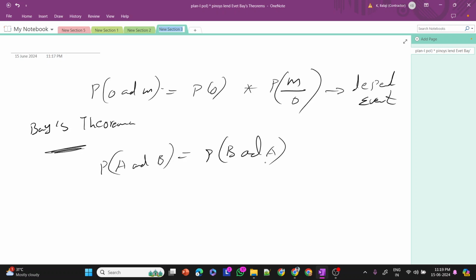This event has the same probability as when we take mango first and then orange.